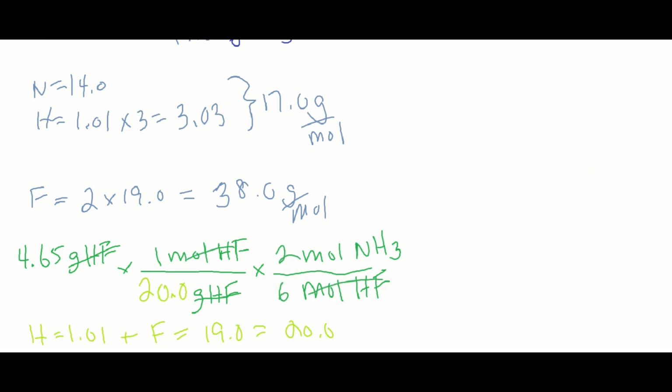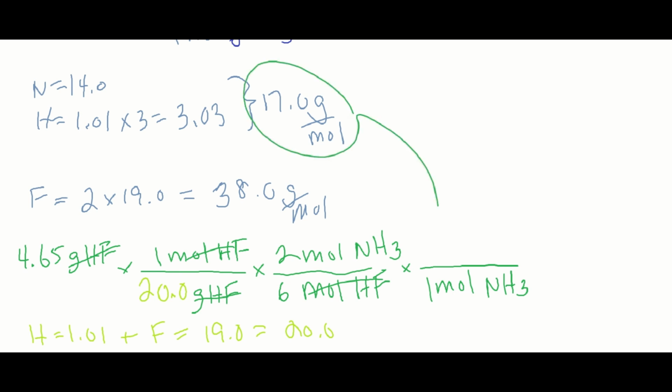Cancel, cancel. Finally, let's turn that into grams of ammonia. 1 mole of ammonia has a molar mass of, we just did this earlier, 17.0 grams of ammonia.